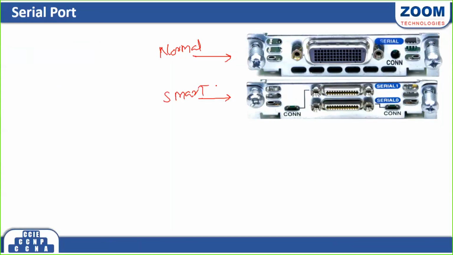What is the difference between normal and smart serial? In a normal serial slot, in the entire one slot, how many ports are there? Only one port, meaning we can connect only one branch. That port has 60 pins, but the port is only one.